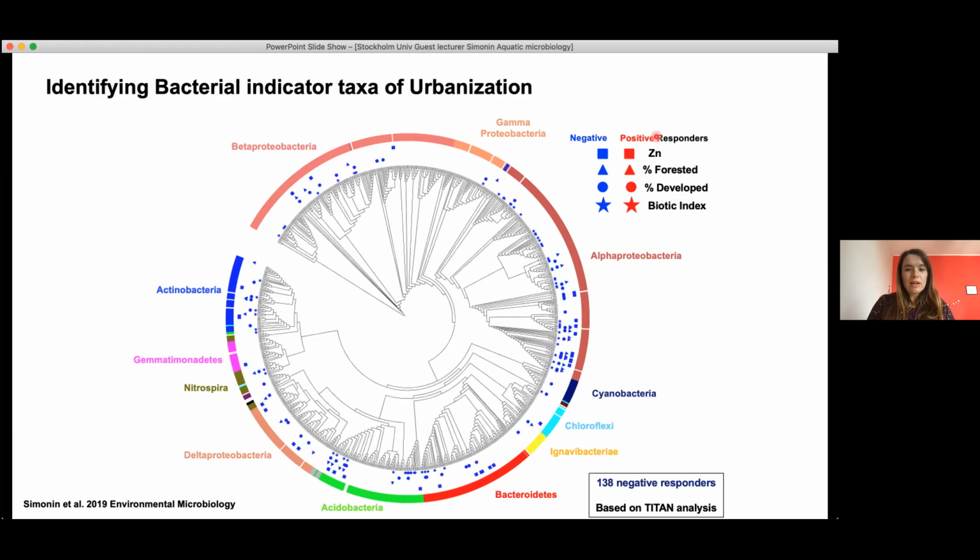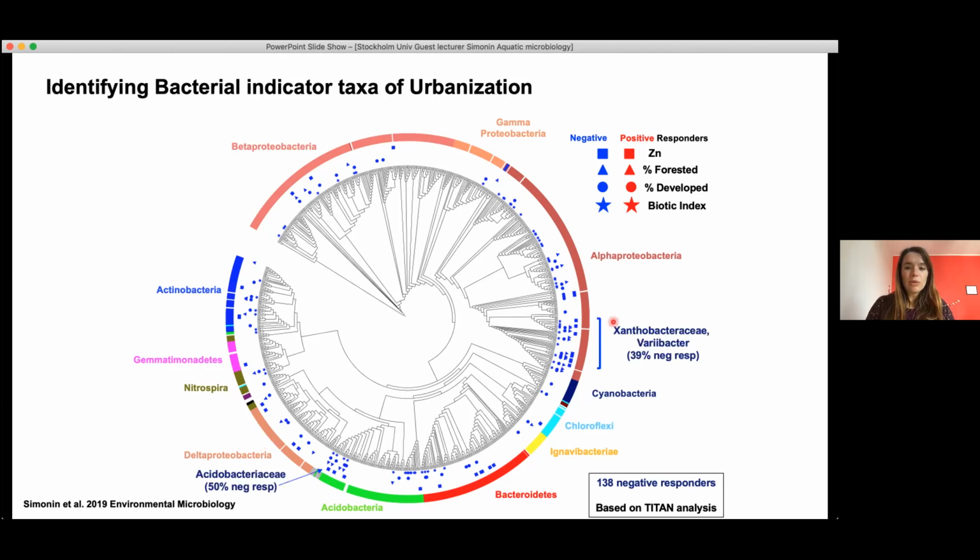What you can see here is that we found 138 negative responders to urbanization, and they were really distributed everywhere on the bacterial phylogeny. So really, urbanization is a huge impact for bacterial communities, and Proteobacteria, Acidobacteria, Bacteroidetes, and so on, bacteria that are phylogenetically extremely different, were identified to be negatively impacted by urbanization.